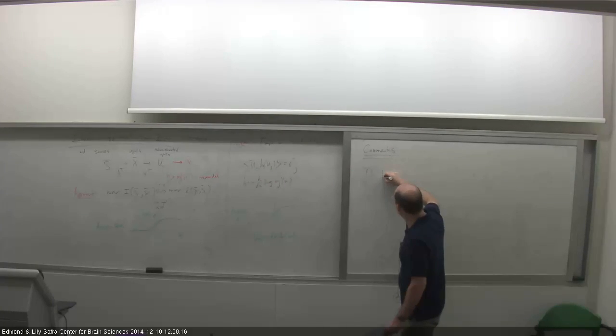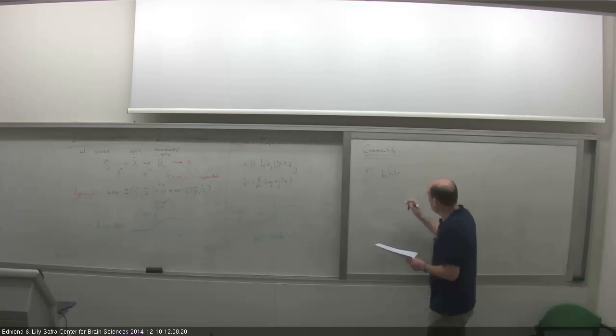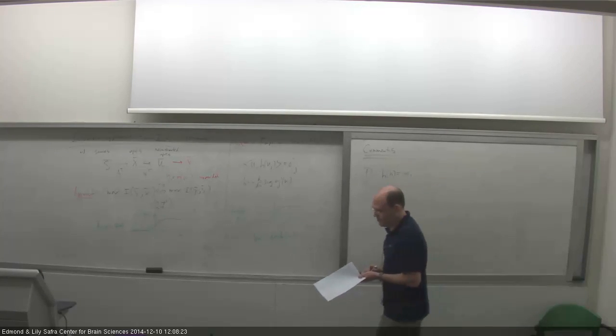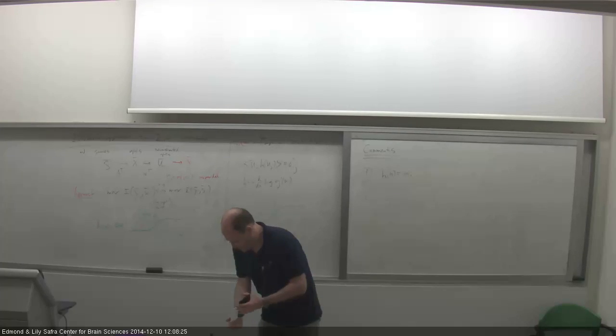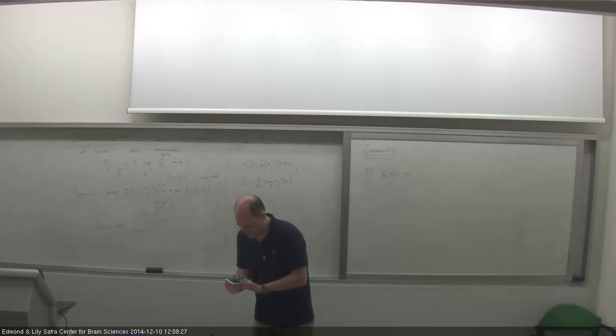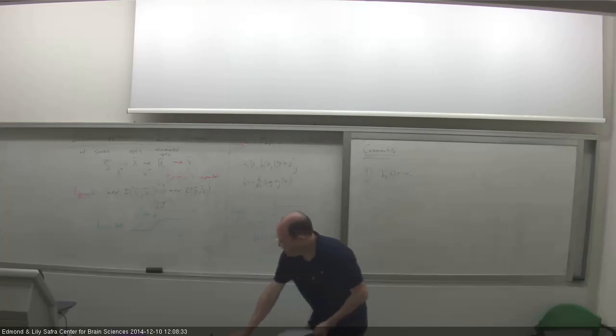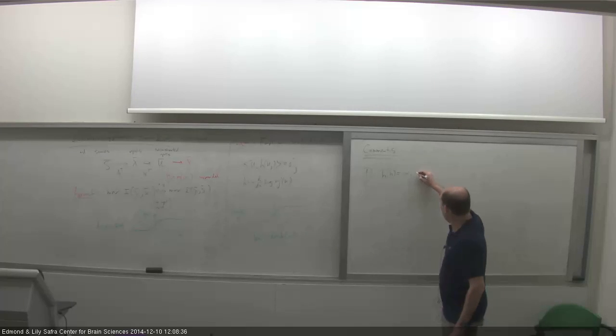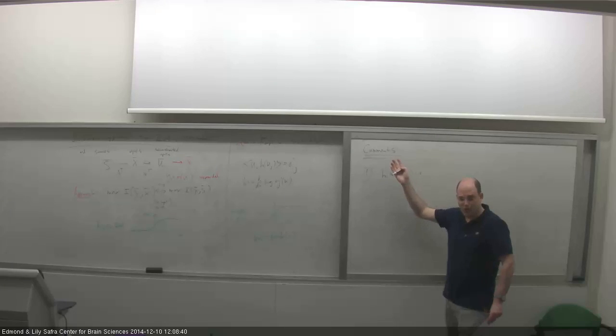We can write h of U as alpha_1 U plus, in principle, alpha_2 U squared over 2.